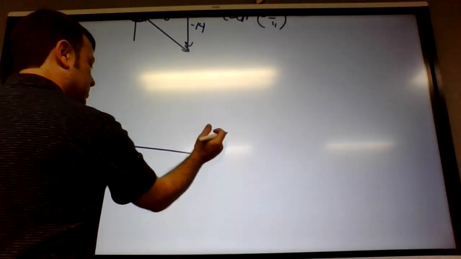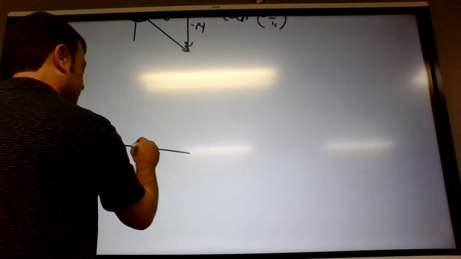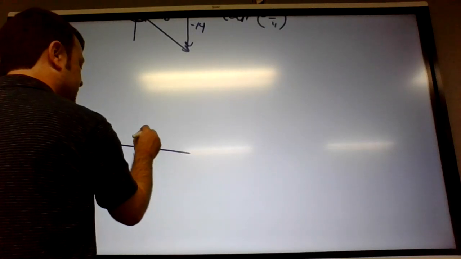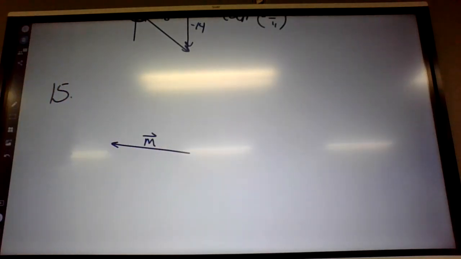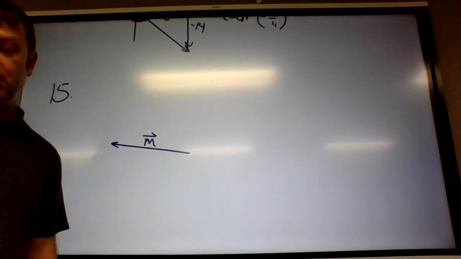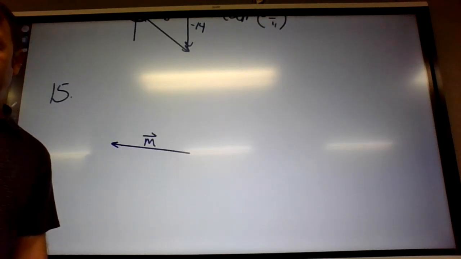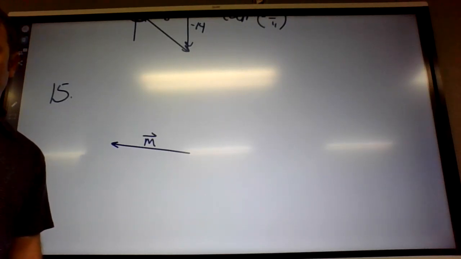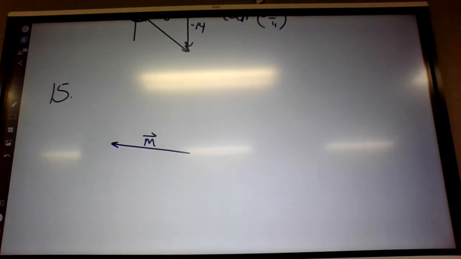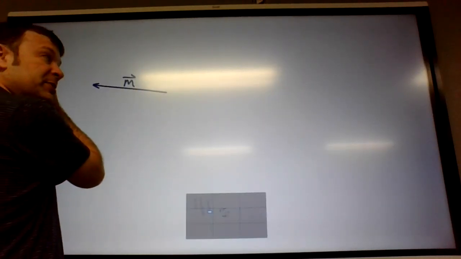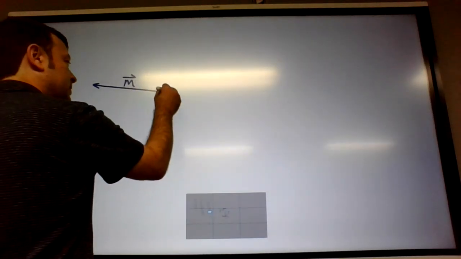Do you have to draw this too? We probably shouldn't draw very big. Yeah, the drawing is part of the answer. And then vector N is 12, negative 16. What would that look like? Well, it'd be 12 to the right and 16 down.